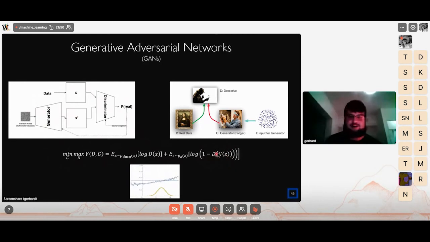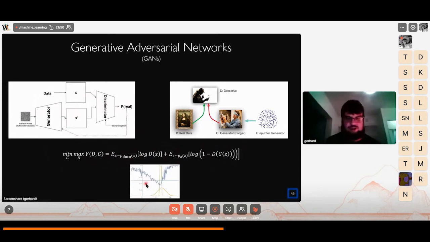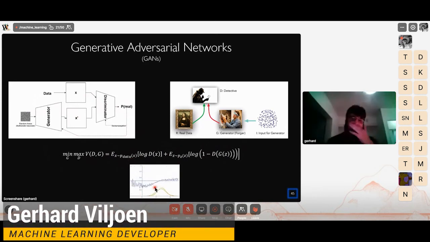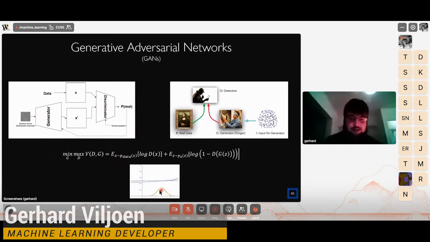And if you've got a fake example, you want your output to be 0. So this is applying the discriminator to the output of the generator. If you've got 0 in this term here, then you're maximizing this side of the function, and you're also maximizing the other side, to a max of 1, so 2 in total. And if your generator is winning, it pushes the two distributions together, so the discriminator just outputs 0.5 everywhere.